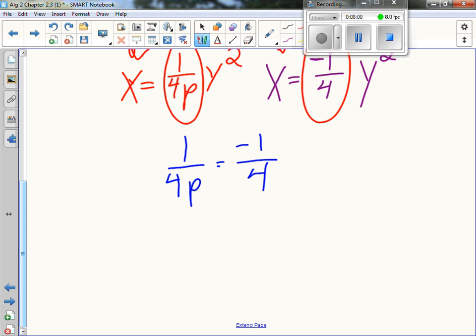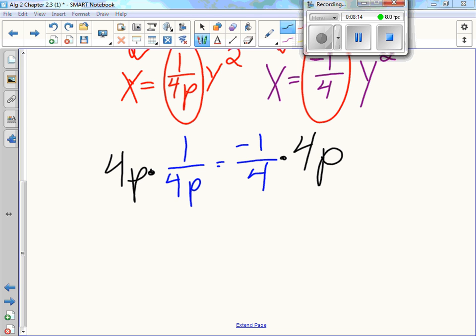The next step in solving for p will be the exact same for all of these. What we're going to do next is multiply both sides by 4p. So the first step in solving for p is to multiply both sides by 4p, because we need to get the variable out of the denominator, out of the bottom of the fraction. These two here will simplify out, leaving me with 1.